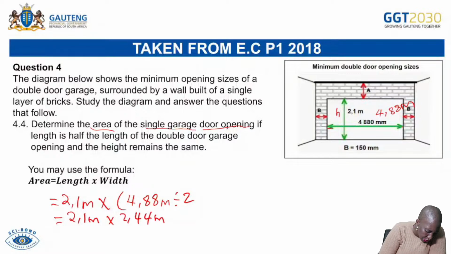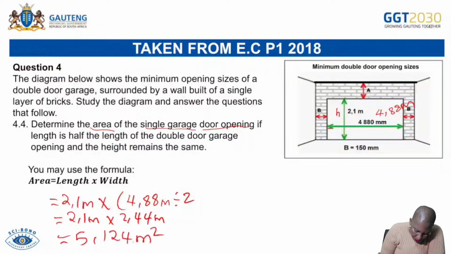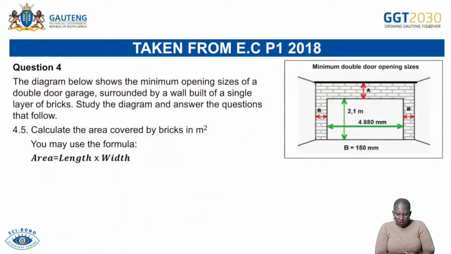The area will be 5,124 meter squared. Why did I divide by 2? It's because it is half the distance. Single garage opening will be half the distance. So it will be 2,44 on one door and 2,44 on the next door.